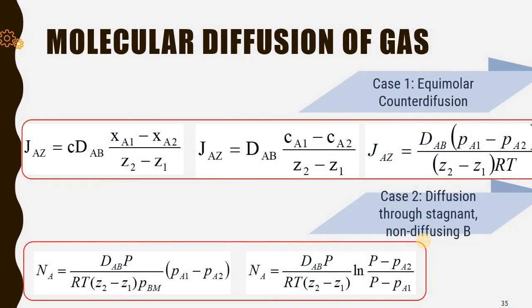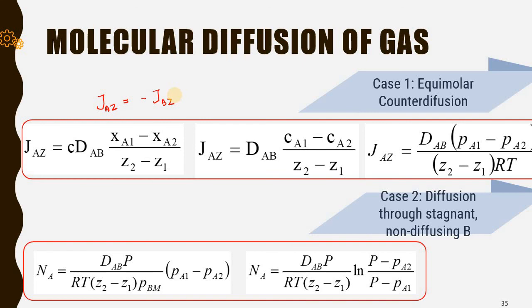So as a conclusion for the gas, we have two types of diffusion: equimolar counter diffusion and diffusion through stagnant non-diffusing B. For equimolar counter diffusion, you can memorize that JAZ is equal to negative JBZ.